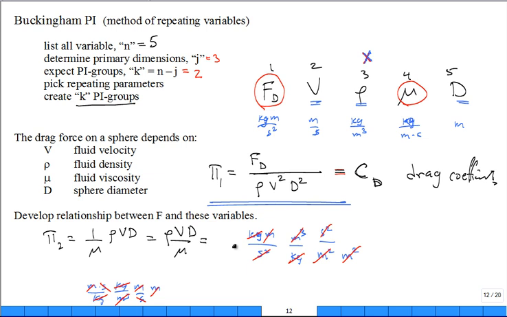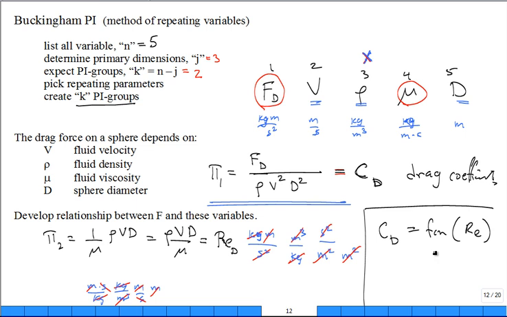That one's given a name too. It's the Reynolds number, and sometimes I subscript the Reynolds number. Not E is subscript, but D. D saying the length scale in this Reynolds number is diameter. Re sub D. So what we conclude is that you can express your experimental results as the drag coefficient, C sub D, as a function of the Reynolds number.